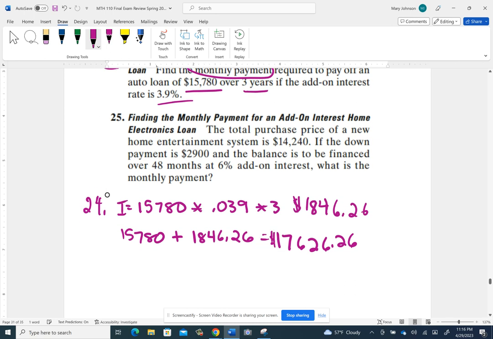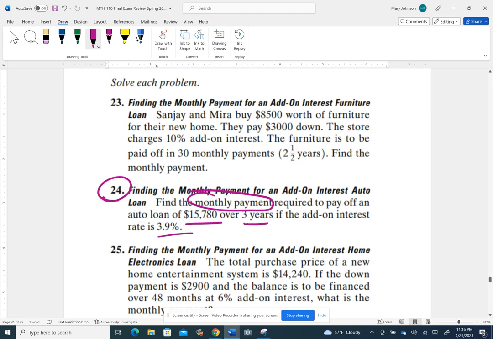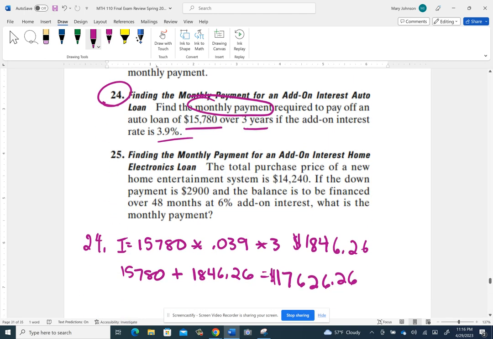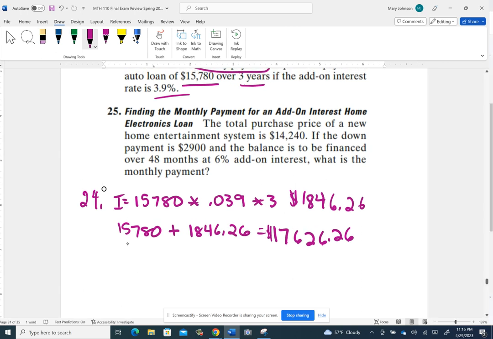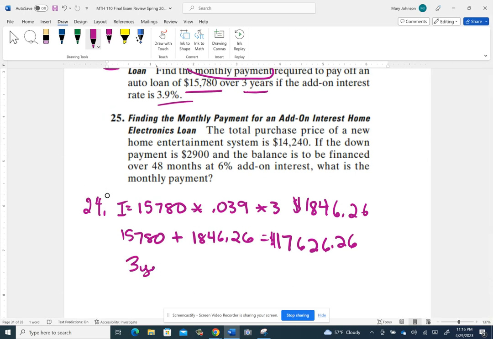Now we want to get the monthly payment. So they're going to pay this over 3 years. So you have to think 3 years is 36 monthly payments, 3 times 12.